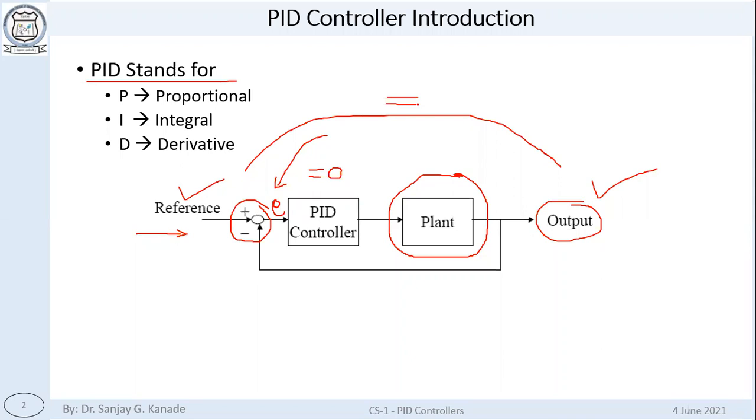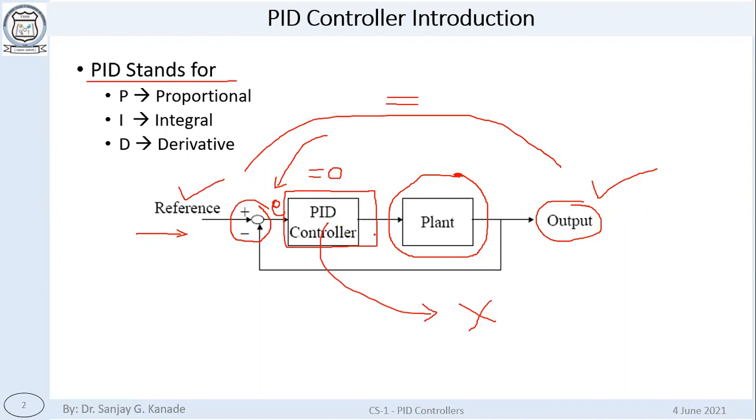These are things we have already seen a lot of times, the different ways. But the ultimate aim of having this PID controller in between, note down, the controller is not part of the process.